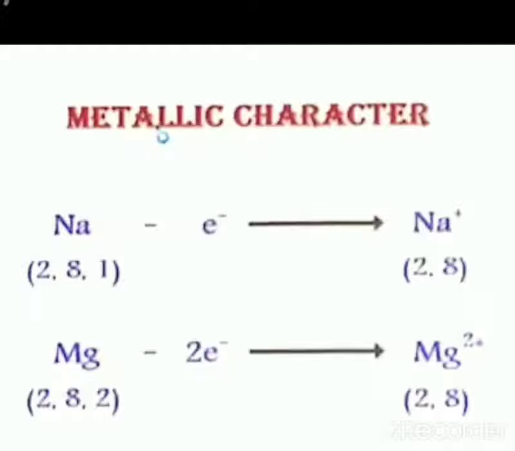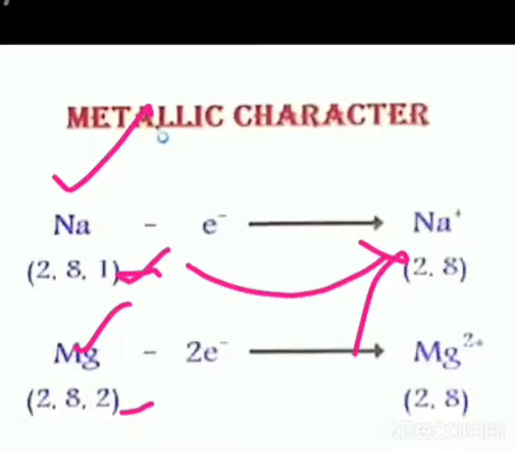For example, here we will see sodium and magnesium. In sodium the valence electron is 1 and in magnesium the valence electron is 2. When sodium loses its 1 electron to become stable and to form a positively charged ion after applying some energy, it is called the metallic character.